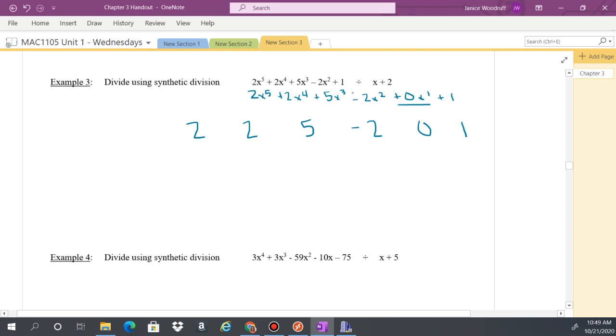So same steps: fill in the missing descending order, write it out over here, missing x's, then line up coefficients. Then you're going to do your division pants.